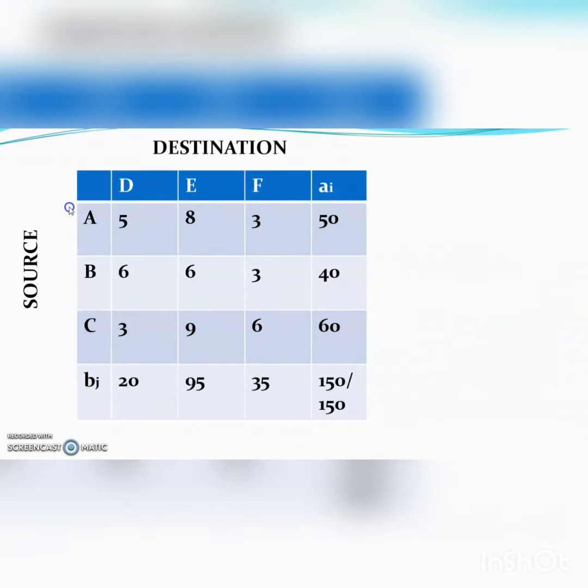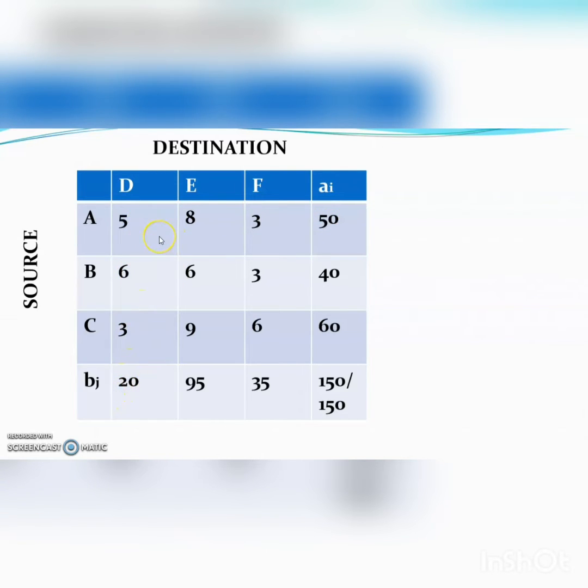By northwest corner method, we allocate the maximum units allowable by the availability a_i and the requirement b_j to the northwest corner cell. So let us start with cell 1, 1. In the first row, the availability is 50 units and the requirement of the first destination is 20 units.